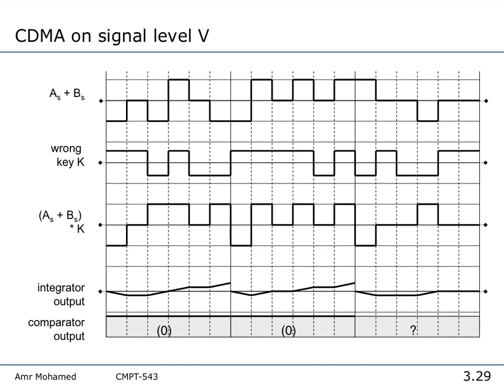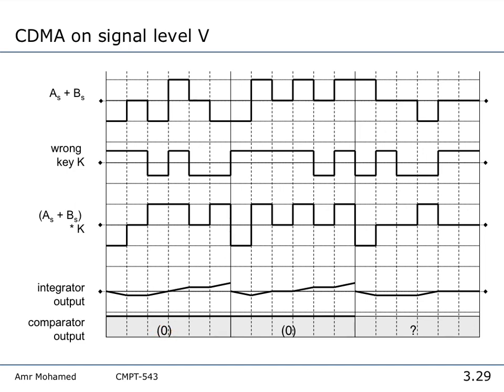Misynchronization in CDMA is very critical. This data will be misinterpreted: if the integrator output is positive, it means the original data was 0, so we will wrongly interpret this as 0.